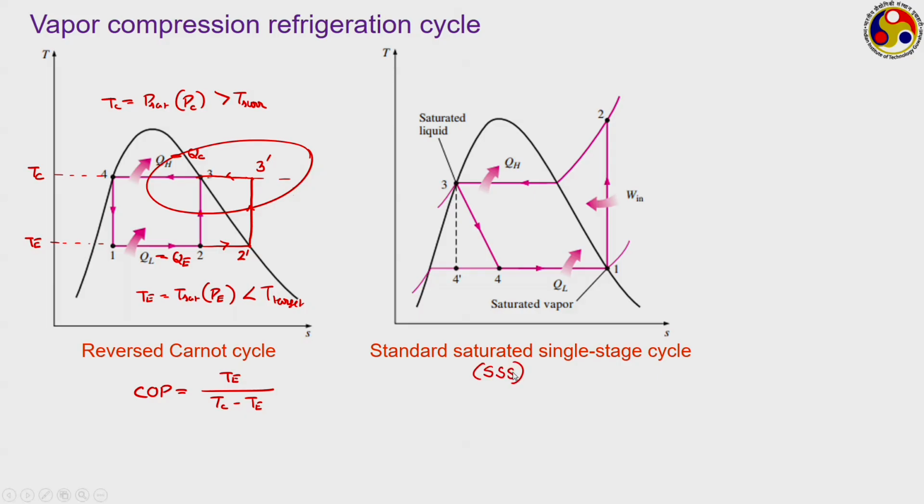And as we have discussed, if we compare this cycle with the previous one, where the evaporation process is continuing up to the saturated vapor state, then we have one additional part here. Let me just summarize the two changes that we have in this SSS cycle compared to the reverse Carnot cycle. One is, the heat transfer processes are not isothermal, rather they are isobaric.